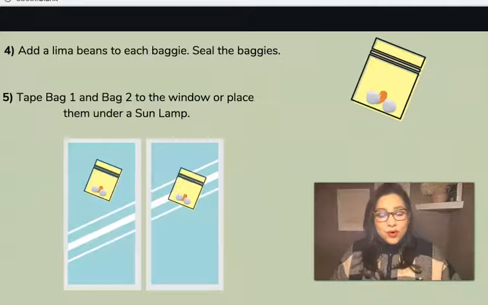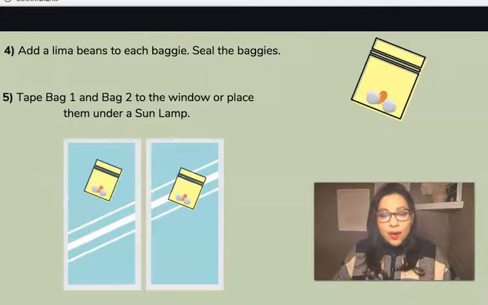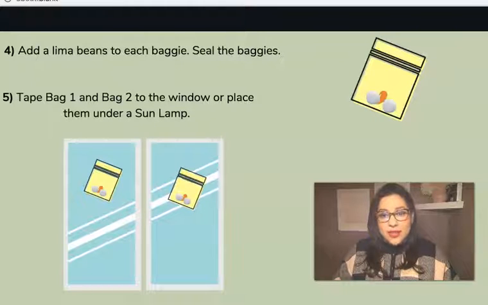For step four, we will add lima beans to each baggie and we're going to seal them. For step five, we're going to tape bag one and bag two to a window or a place where they are exposed to light energy, such as under a sun lamp.